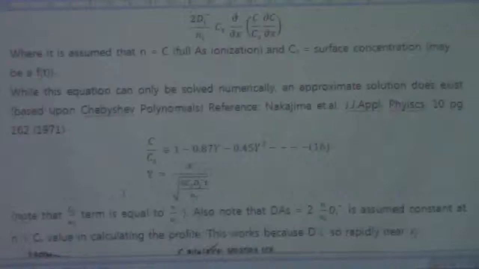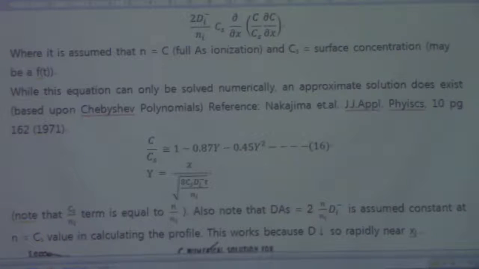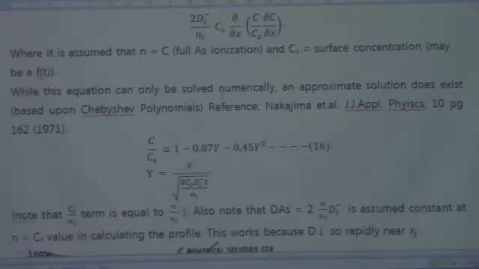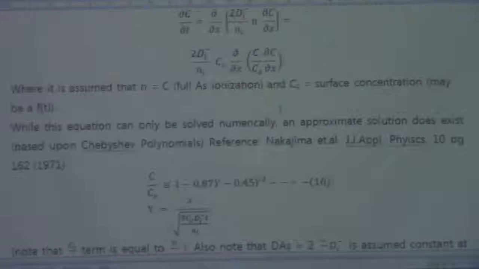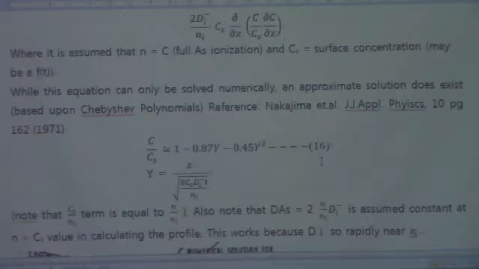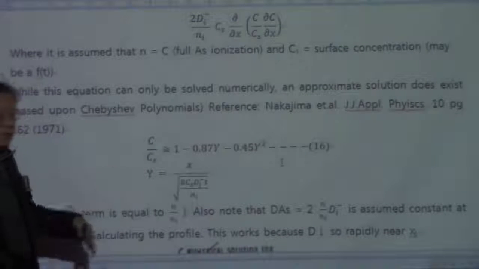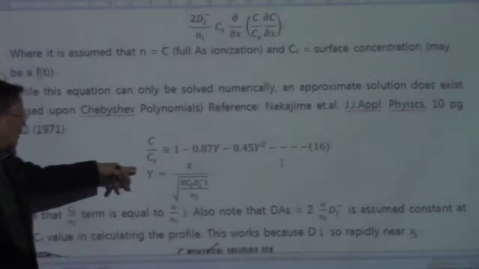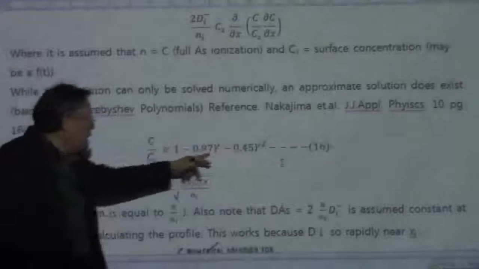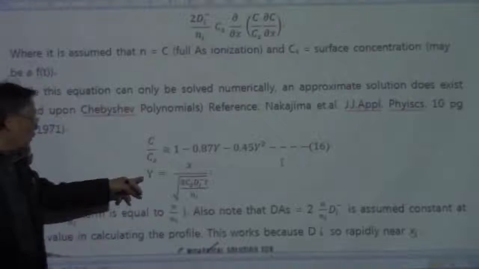This equation can be solved numerically by the computer, but we can also approximate the solutions analytically, and the result is given here. This is the surface concentration, in other words, the solubility limit of the arsenic, and the concentration profile is going to be represented with this equation where y is going to be this, okay?